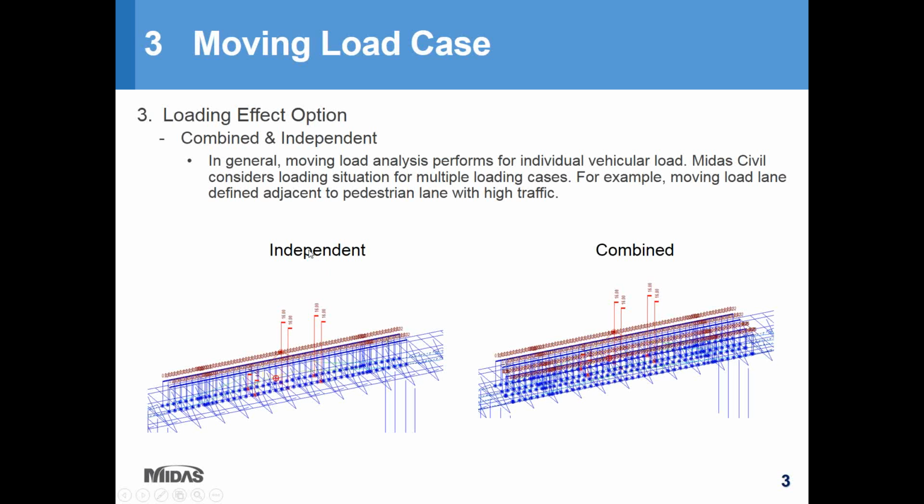As you can see, independent gave me only the load case which creates the maximum, the worst case scenario between the two cases. When combined, it actually combined the load effects and displayed the maximum, the worst case scenario combining the two load effects.